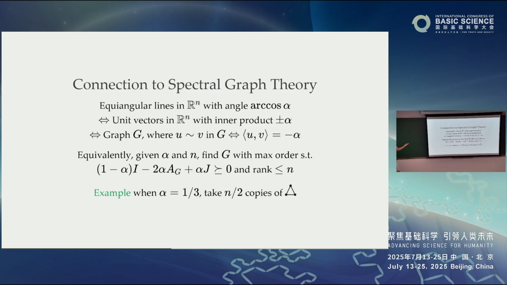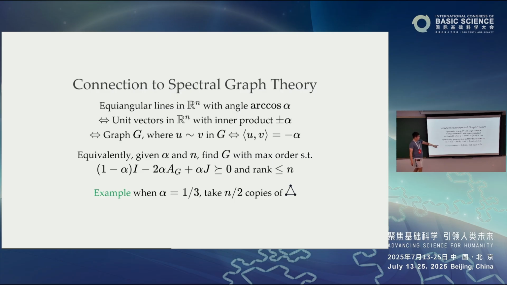So maybe let's think about an example where alpha is equal to 1 over 3, then this is 2 over 3 times I minus, give me one moment. Sorry, there's a typo. I want alpha equals 1 over 5.